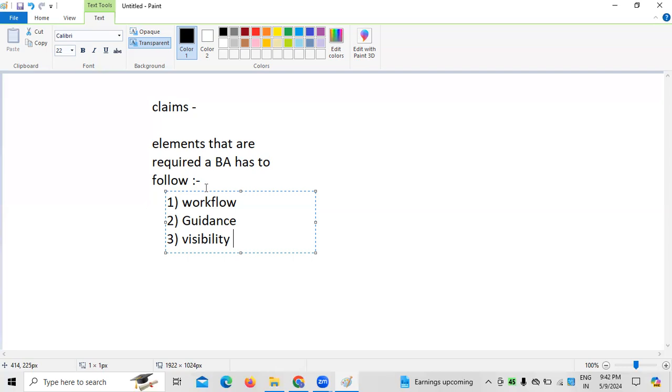Next, Guidewire can be integrated even with Salesforce, because Salesforce is a CRM application. If you remember, a couple of weeks back I showed you an insurance application in the context of Salesforce.